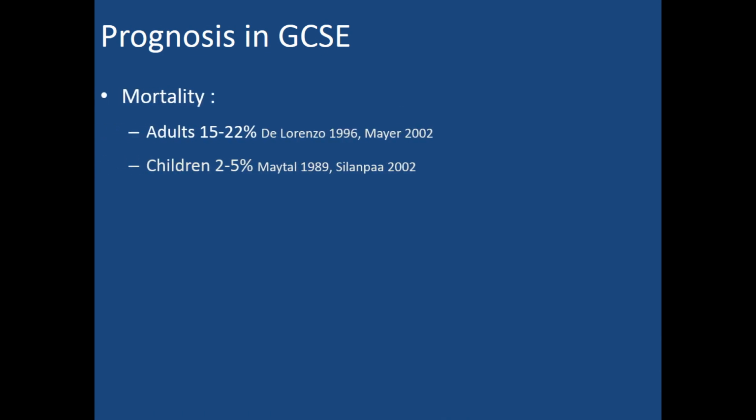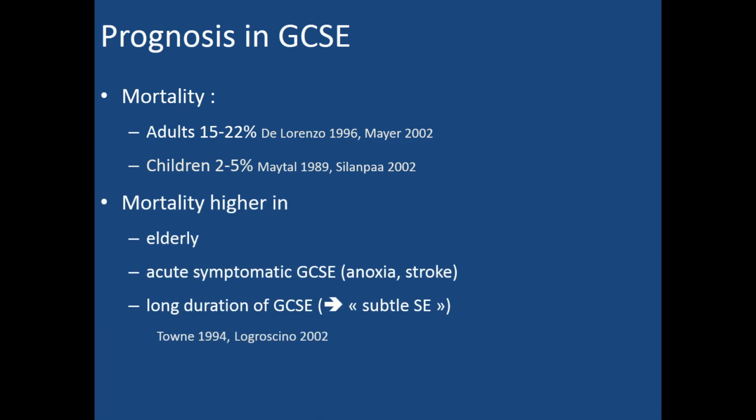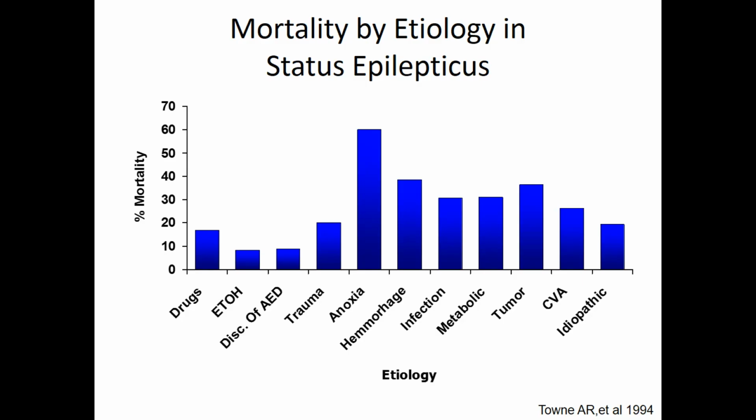Prognosis of status. It seems that the older people are, the worse they actually do. The longer you're seizing, the worse the potential outcome may be. Mortality by etiology in status, we see that anoxic brain injury probably has the highest. Even though this data was obtained many years ago, it is still felt to be true today.